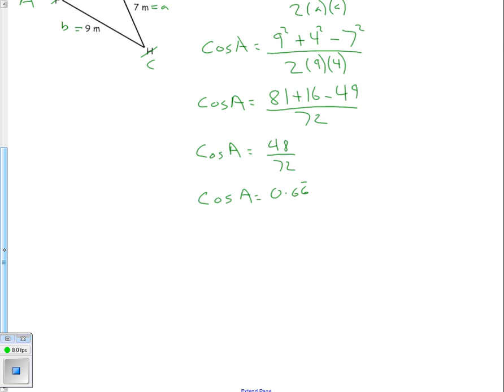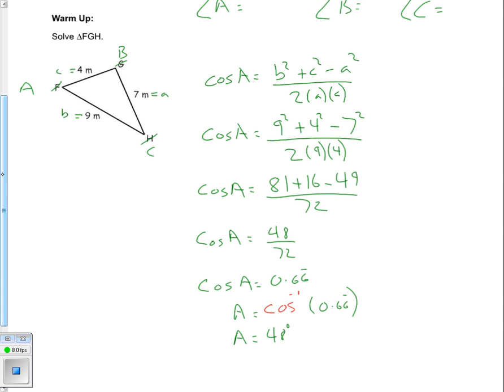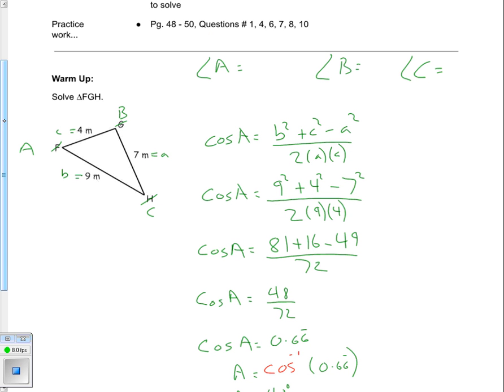And then I want to get A all by itself, so I'm going to do the inverse cos of both sides. And so A is approximately, we'll call it 48 degrees. So with A being 48 degrees, we've now solved for one of the three unknown angles. So we can add that in here. A is now equal to 48 degrees.